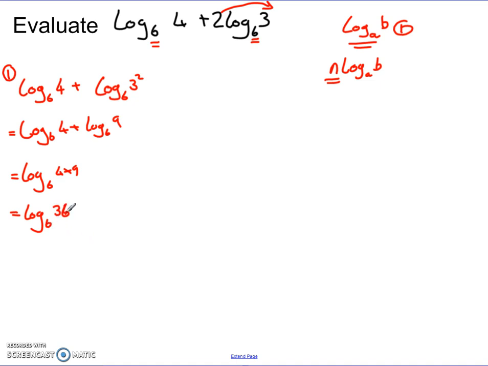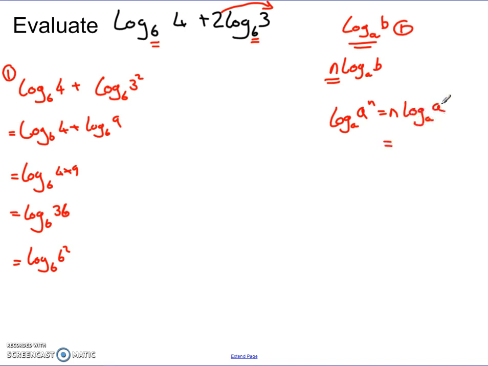Now I want to simplify this as much as I can. Well, 6 squared gives me 36. I can write that then as log to the base 6 of 6 squared, because here's a cheeky thing for you. If we have log to the base a of a to the power of n, I can use my third rule of logarithms to bring it down and write it as n times log to the base a of a.